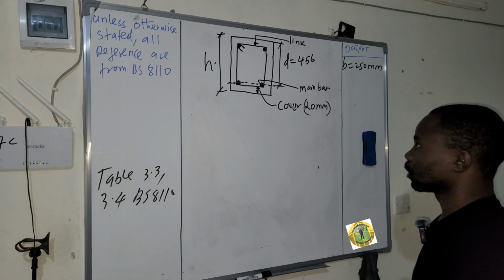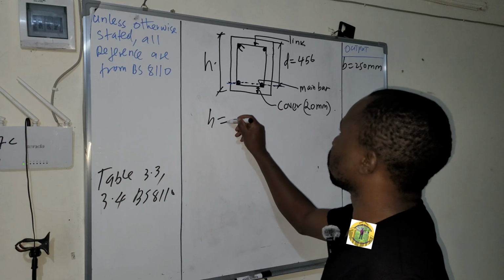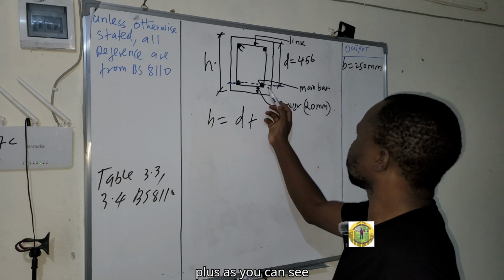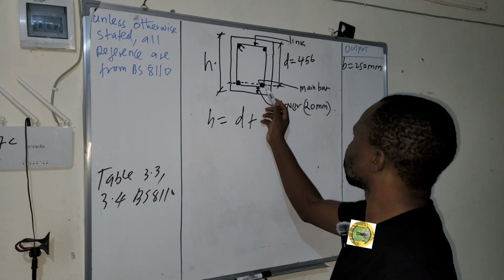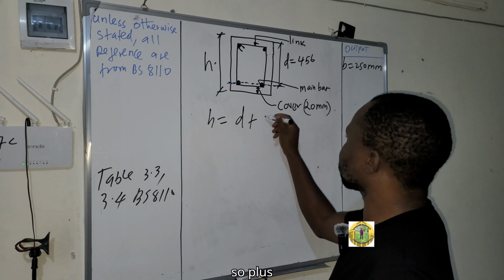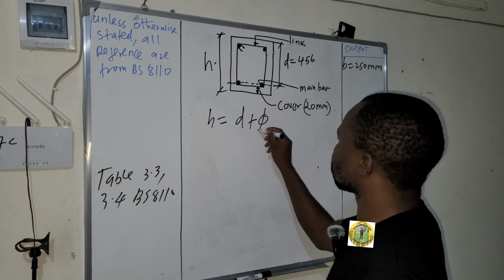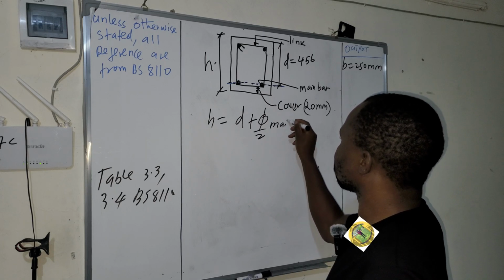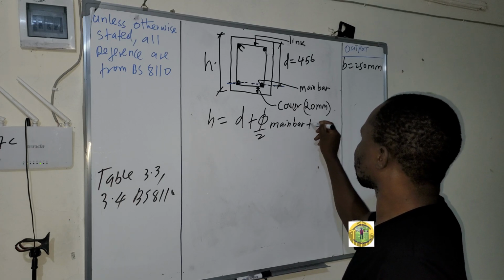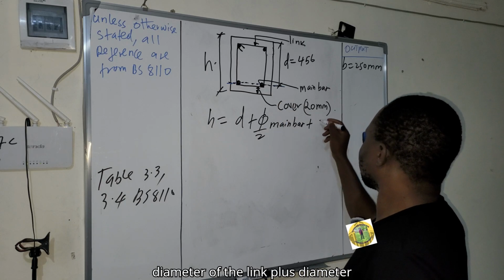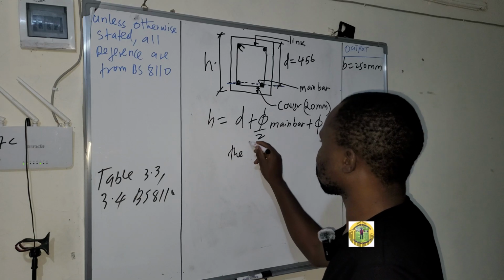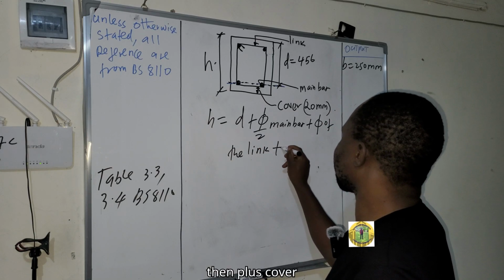So this H is equal to D plus, as you can see, a half of the main bar diameter, then plus the diameter of the link, then plus cover.